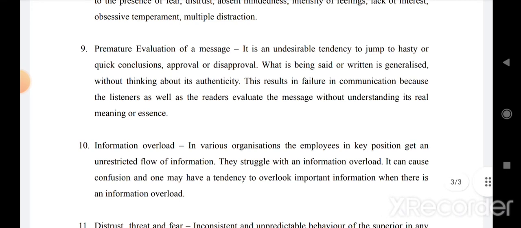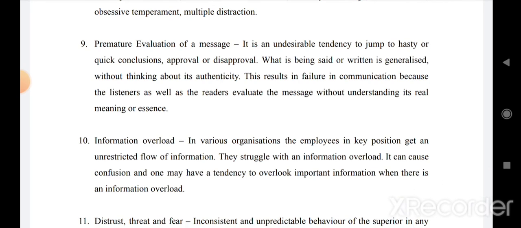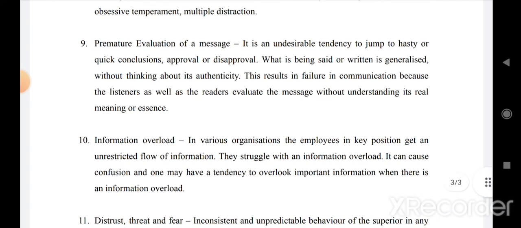This results in failure in communication because the listeners as well as the readers evaluate the message without understanding the real meaning or essence. So, first, one needs to listen to the whole thing quietly and patiently and then come to a conclusion. If you decide to reach a premature evaluation of a message, there is a very good chance that one will end up in miscommunication.